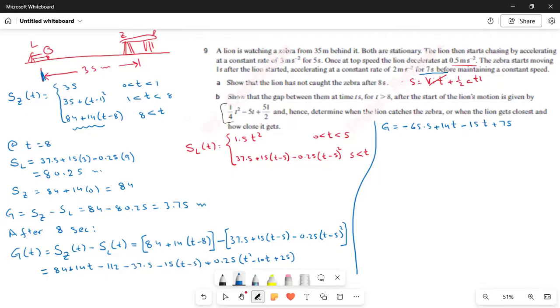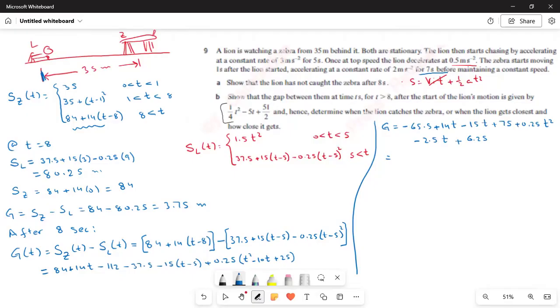And then plus 0.25 t squared, and 0.25 times minus 10, it is plus, minus minus, and this is 2.5t, am I right? And then plus 0.25 times 25, so that is 6.25, am I right? I hope I'm doing all these calculations right.